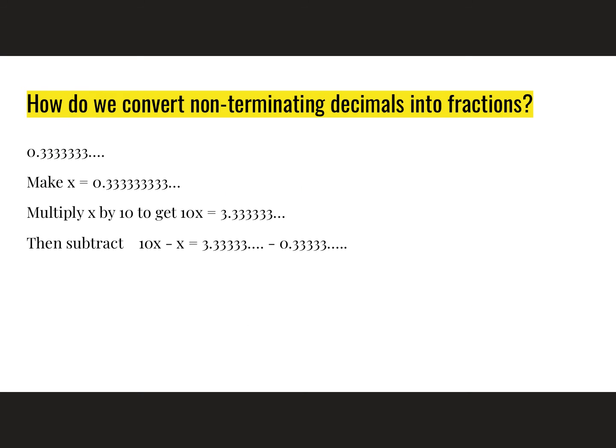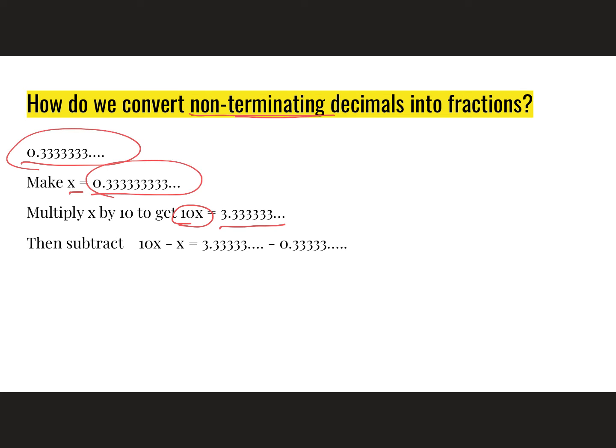So now, what do we do with non-terminating decimals? Something like 0.33333 forever. We have to get rid of that repeat. So we're going to say that x is equal to whatever that value is, in this case 0.333. If we multiply x by 10, we know that 10x is 3.333. We moved our decimal.